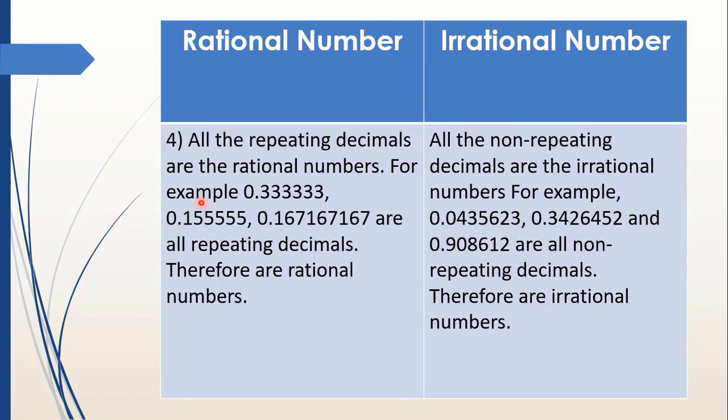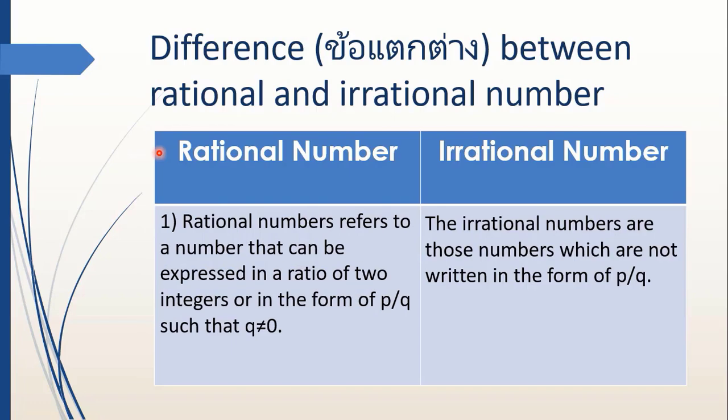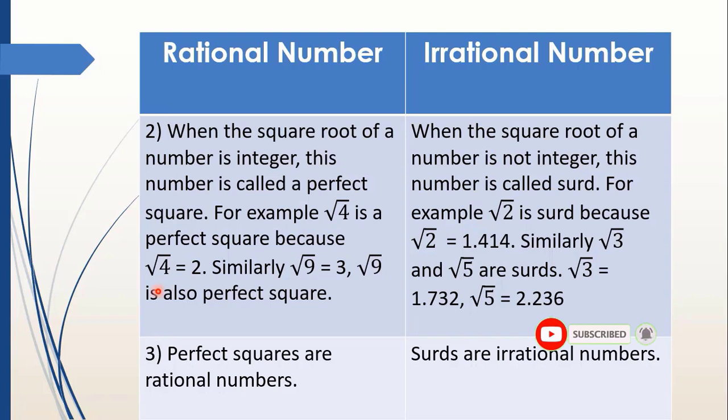So basically there are three points of difference. The first difference is the fraction: when the number is in fraction form, it is rational, and when the number cannot be written in the form of a fraction, it is an irrational number. Second point: when the square root of a number is an integer, that number is rational.